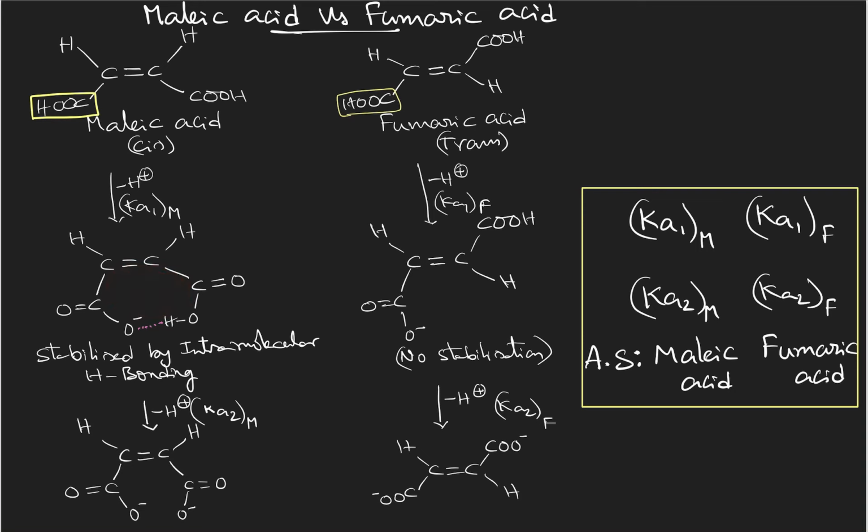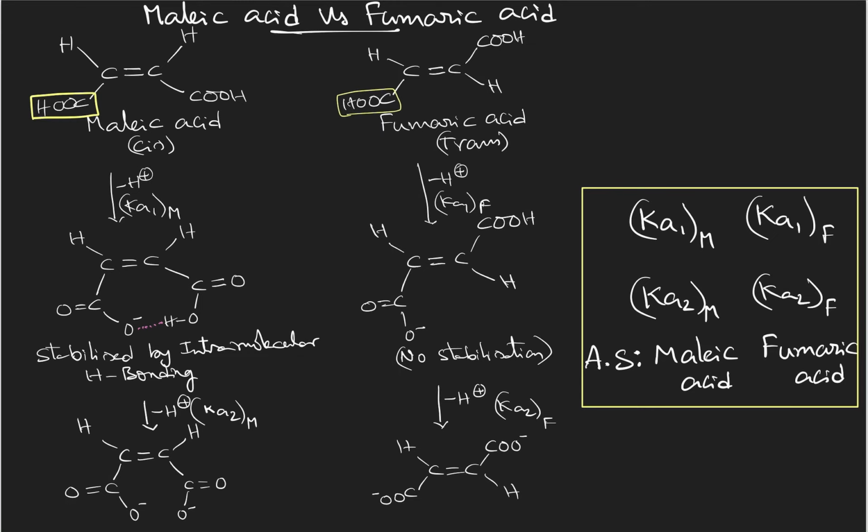By intramolecular hydrogen bonding, or ring formation, or chelation, the stability of the conjugate base increases. We know the point: acidic strength of a compound is directly proportional to the stability of its conjugate base. So as the stability of the conjugate base has increased due to the formation of a ring, in malic acid the release of the first H plus ion is faster.